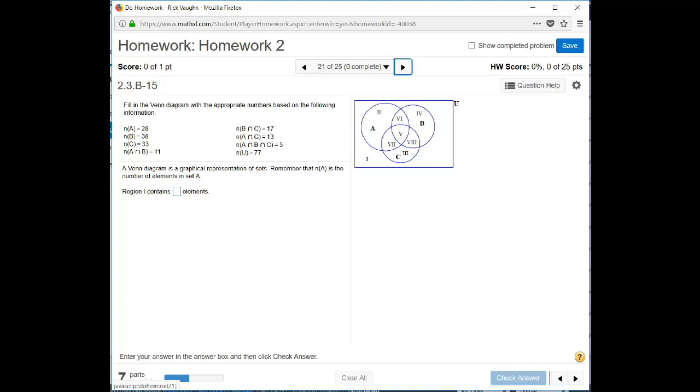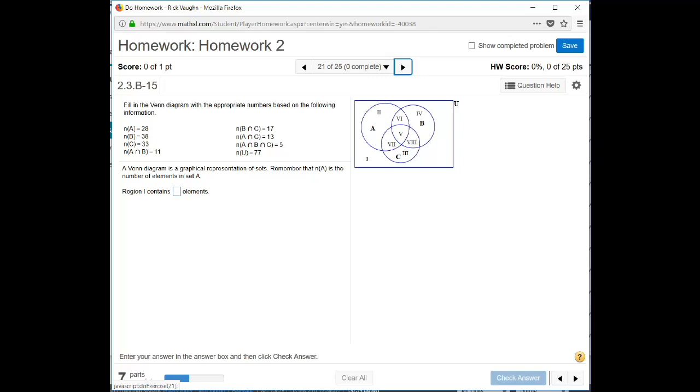Now we take the total of everything inside the universal set, which is 77, and subtract everything that's already accounted for. That will be the amount left over in region 1, which is the answer to our little puzzle. So we have 9 and 6 and 15 and 5 and 8 and 12 and 8.